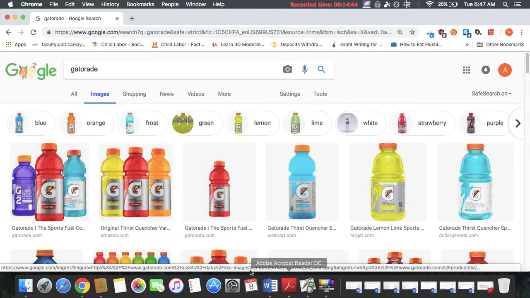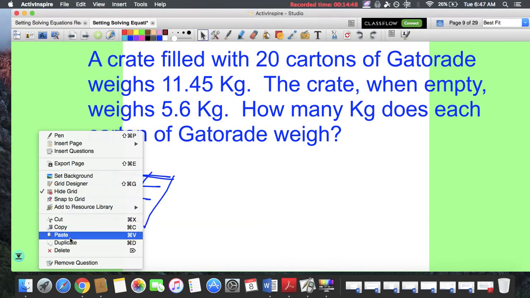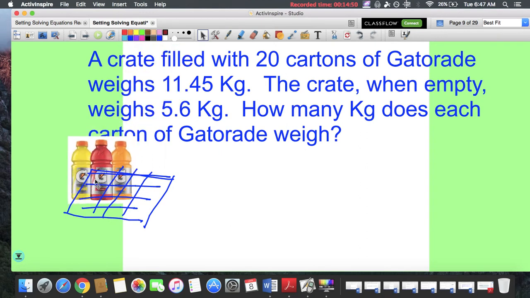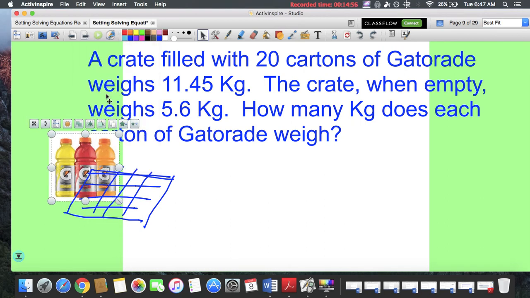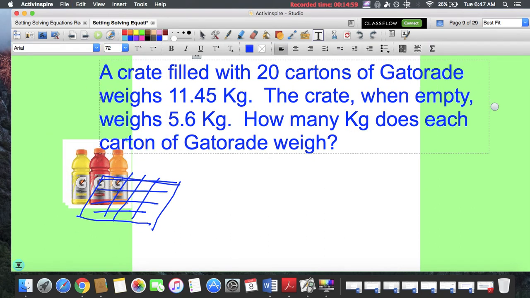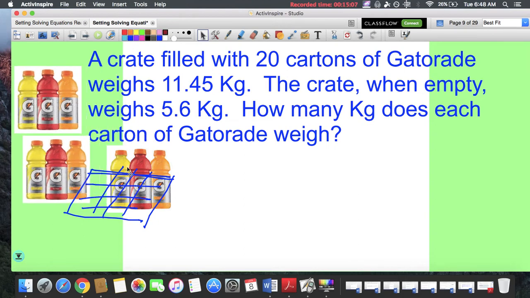Copy image. So I paste this over here. So we have Gatorades over here. Okay. Many Gatorades. Duplicate. Okay. So we have many Gatorades on top.